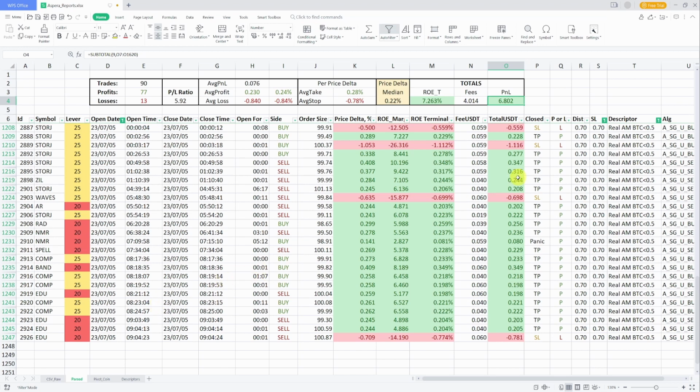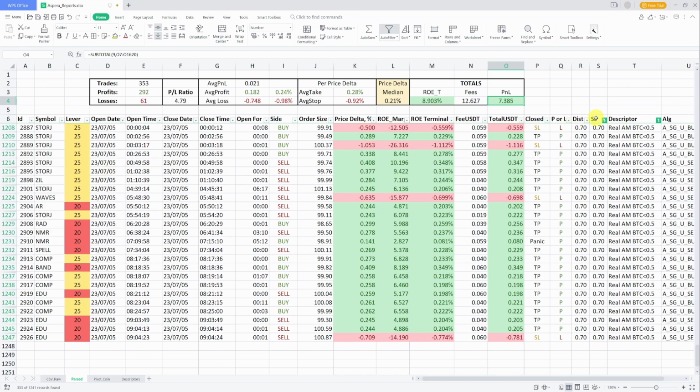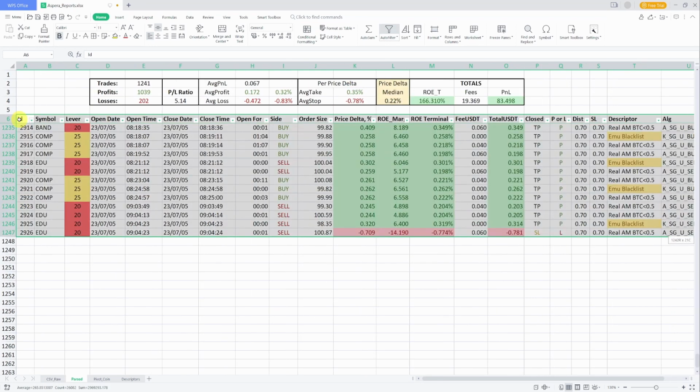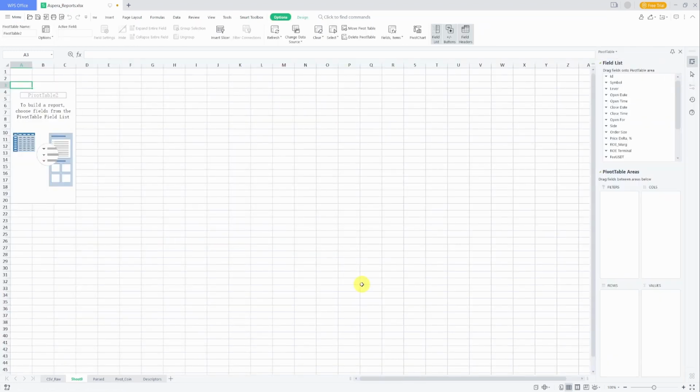So in order to do that, I'll just remove all the filters just to be on the safe side. And then we have to grab all the data, including the column headings. Now that we've gotten our data, we go to Insert, Pivot Table. Open it in a new sheet. It's empty at this point.